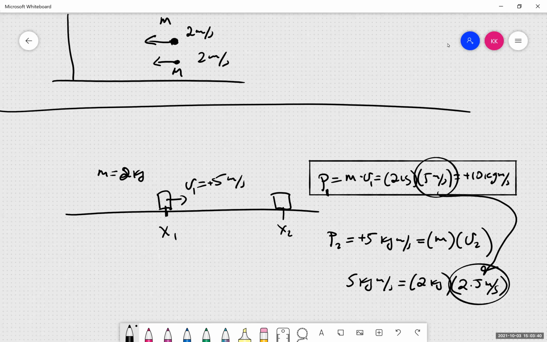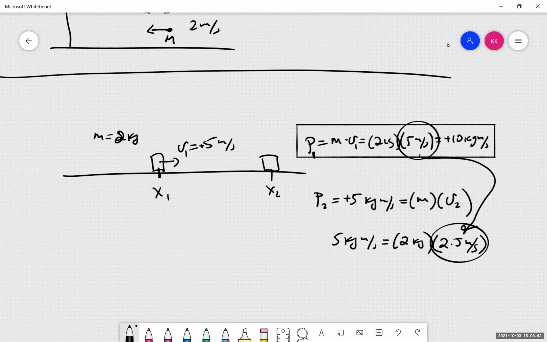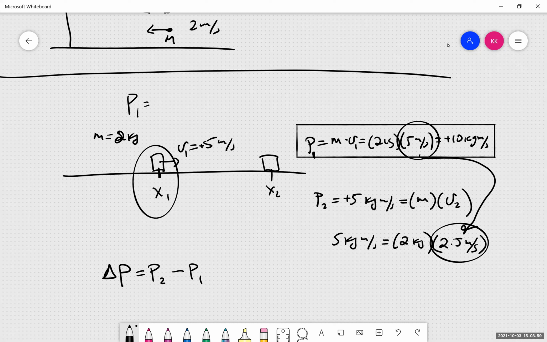So this is known as a change in momentum, delta P, which means we're going to see how momentum changes between points 1 and 2. So P2 minus P1. And this quantity is another way of looking at the motion of the object. Obviously, if at point 1 I have a momentum of plus 10 kilogram meters per second, and at point 2 I have 5 kilogram meter per second, well, you can see that momentum has decreased.